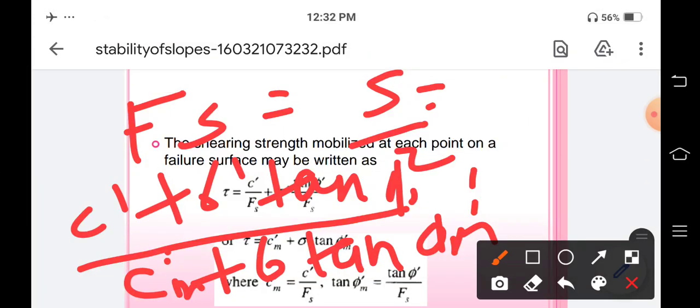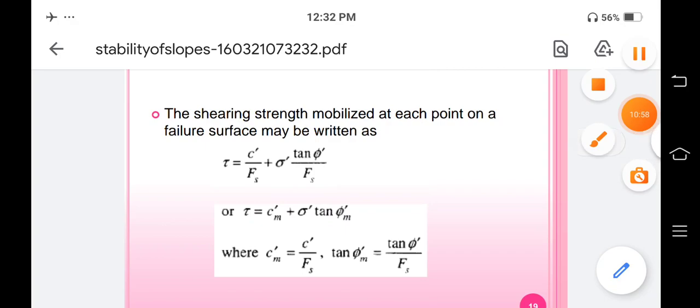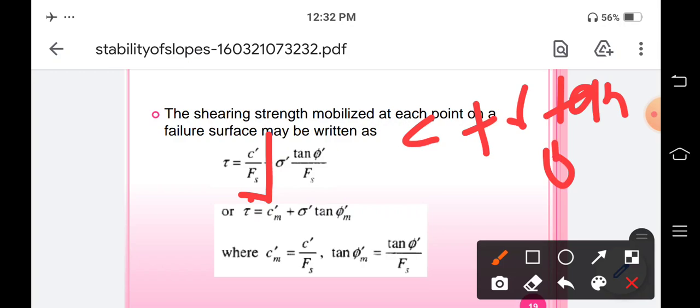Okay, so this formula we can also write in terms of tau. In terms of tau we can write C dash upon Fs, because this value C dash upon Fs, we are separating the term, that is C plus sigma tan phi, right?